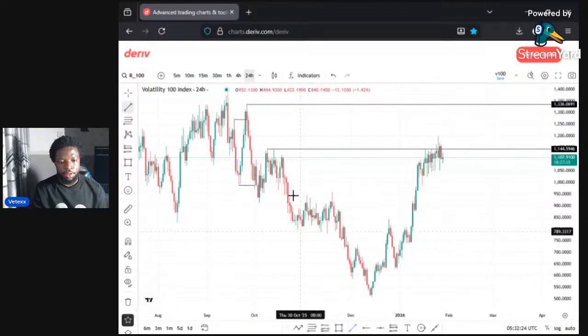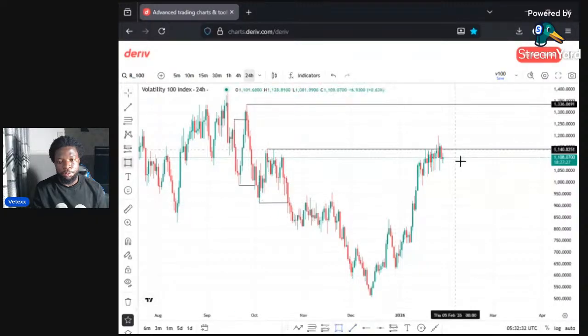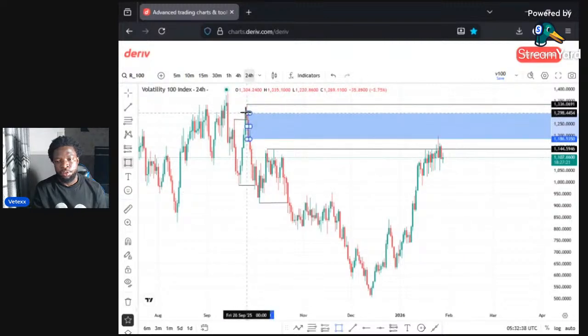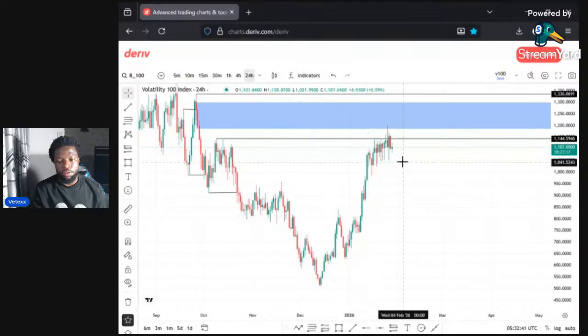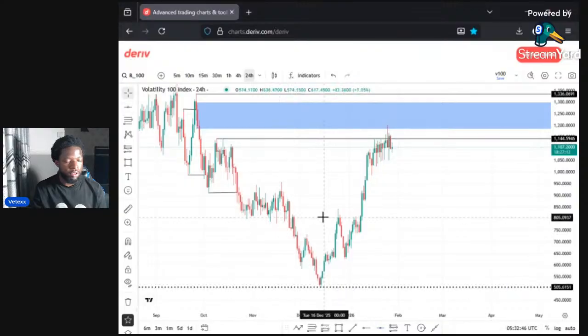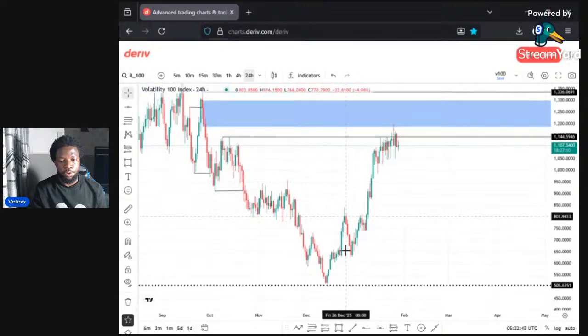Then price gives us our structural liquidity, takes out the newly created low, giving us the second break of structure. Then price needs to tap into the point of interest and continue the move in the opposite direction. So this is our point of interest. Now that price has done this on the daily time frame, the target is going to start selling from here and then take out this newly created low here. So this is point A and this is point B.